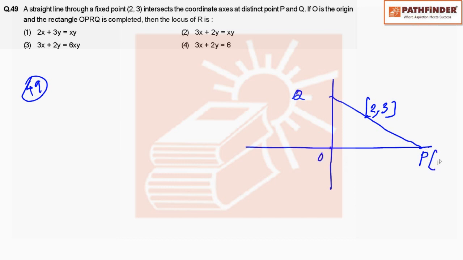Now see, if we consider this is A, 0 and this is 0, B, then if we form a rectangle, R must be A, B.